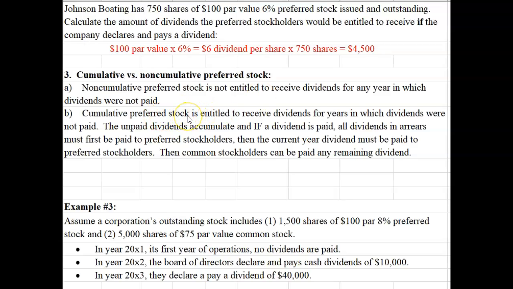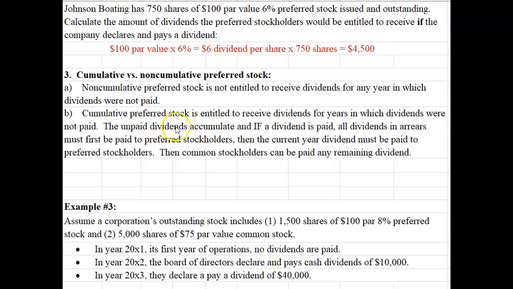Cumulative preferred stock, however, is entitled to receive dividends for years in which dividends were not paid or an amount was not sufficient to cover the commitment to the preferred shareholders. The unpaid dividends accumulate, and it's referred to as dividends in arrears.